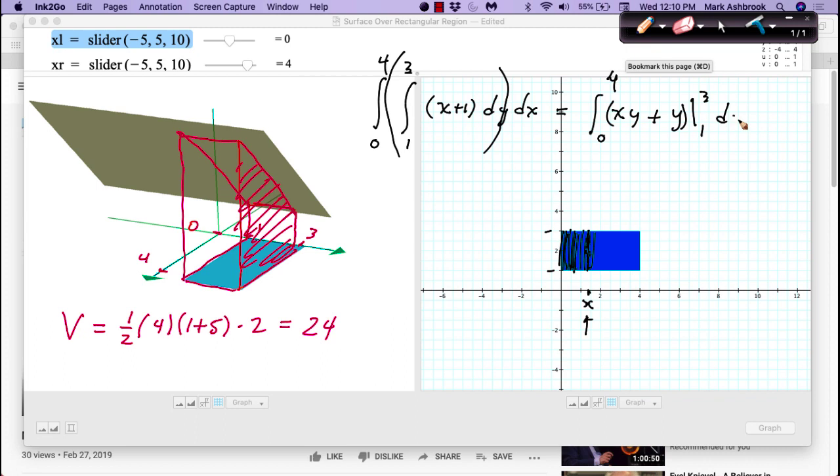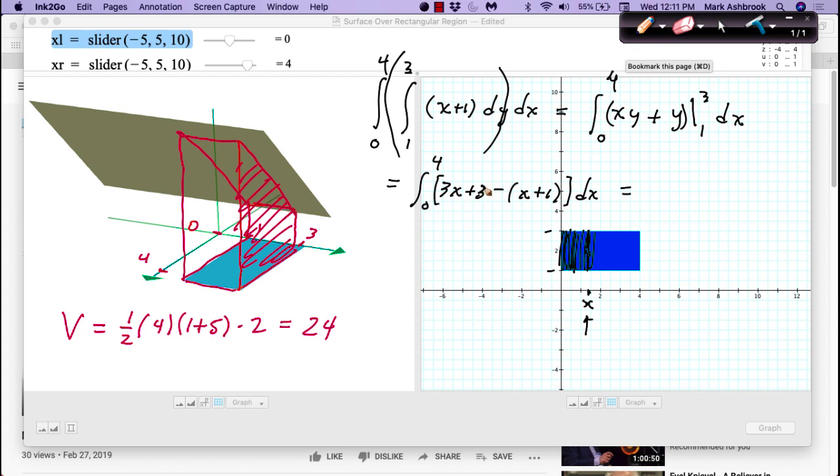And this is still the inside integral with respect to y. And so then I get the integral from 0 to 4. We're holding on to that for now. So we're going to plug in 3 for y, so we get 3x plus 3, minus plugging 1 in for y, which is x plus 1, all dx now.